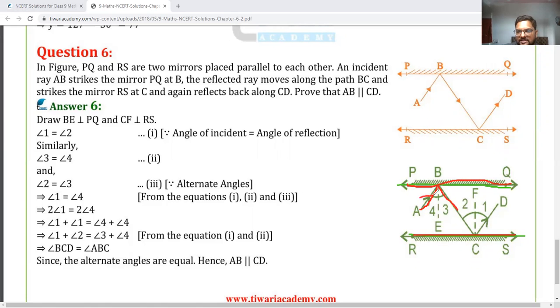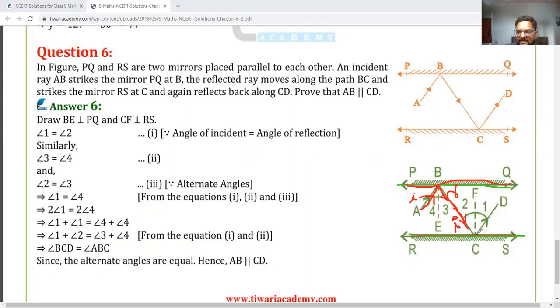So this I'll consider as the incident ray I, and this one as R, the reflected ray for the mirror PQ. Now that same reflected ray, when it comes and hits the surface RS, becomes the incident ray.